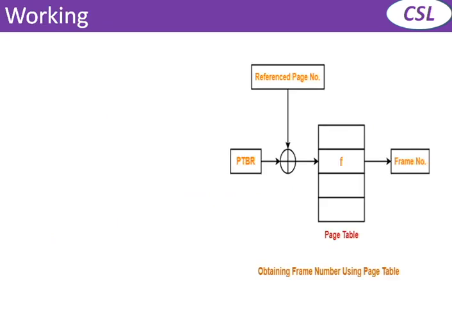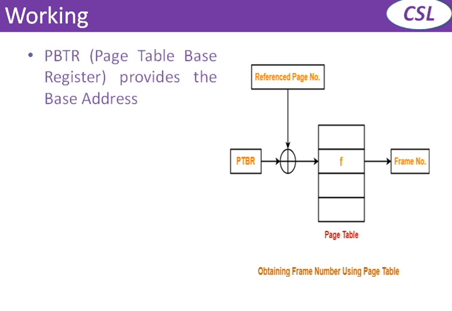Now we will understand the working of the page table. PTBR means page table base register. It provides the base address, which means where the page table is located, the starting address of the page table. PTBR is added with the page number.